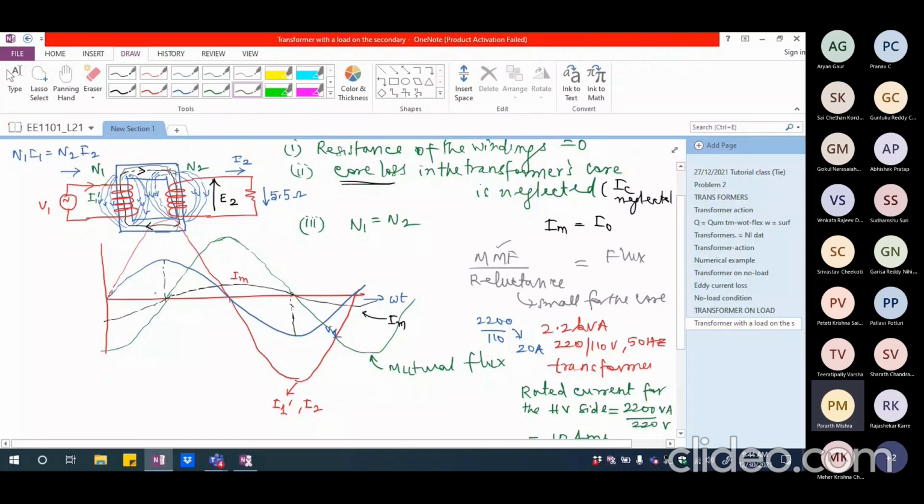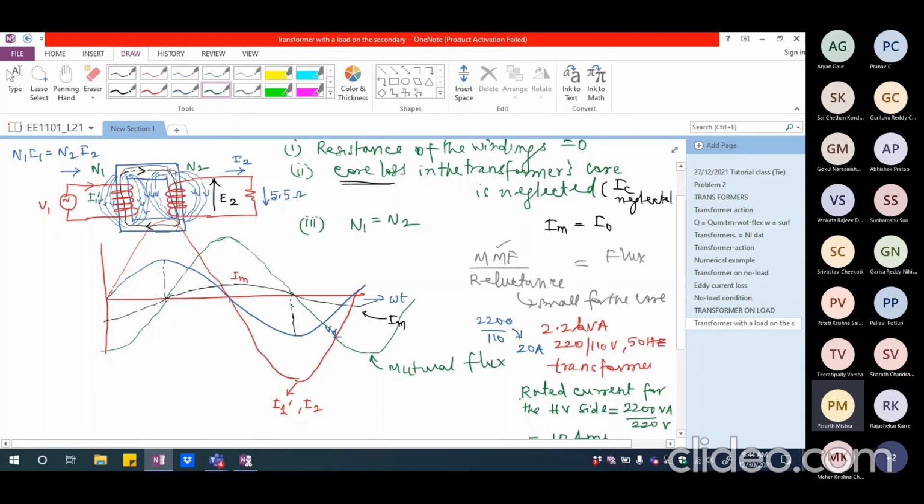So if I try to draw the leakage flux, let me draw that also in green. Just to say, because it is flowing through the air gap, the reluctance is very, very large. The current is large, but the reluctance is also extremely large. It's almost 1000 times.